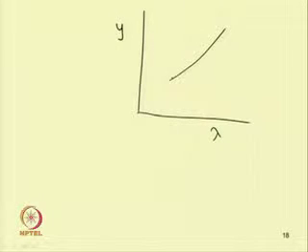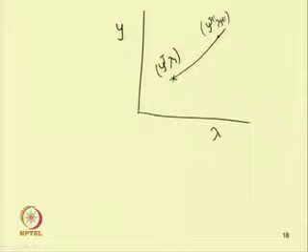This is the solution at the jth iteration. Let us take this as the solution y j and lambda j. For the control parameter lambda j, let the solution be y j, and we want to find the solution y j plus 1 at lambda j plus 1.